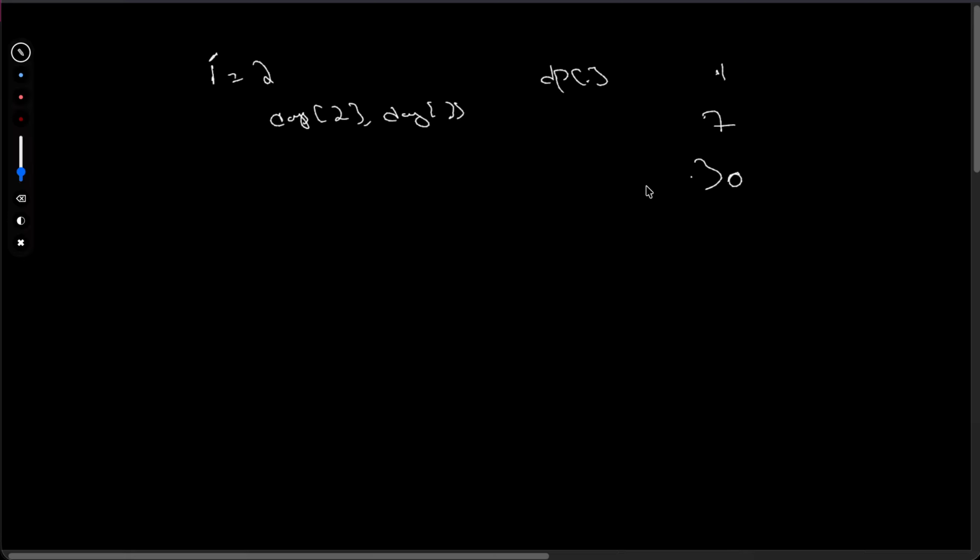Recurrence is just a formula. It tells how to compute the answer at position i using smaller subproblems, and here the smaller subproblem is a future index.